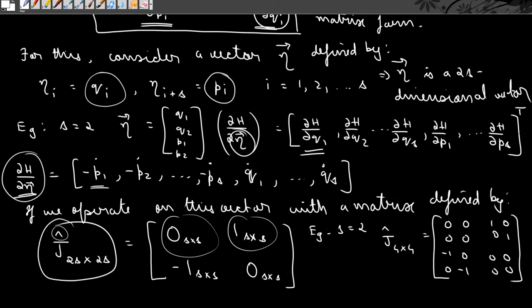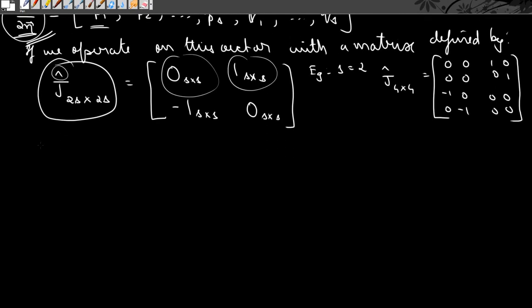If I operate on this particular vector using this matrix, we get the following. J matrix operating on dou h by dou eta vector, which for the case of s equal to 2 is minus p1 dot, minus p2 dot, q1 dot, q2 dot transpose.